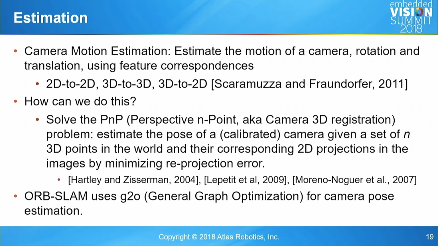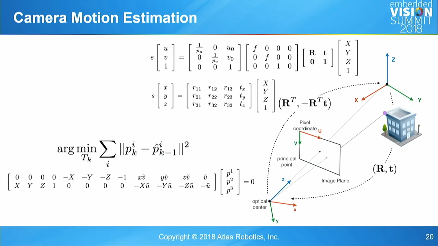The camera motion estimation, or pose estimation, is solved with that correspondence to solve for the 6 degrees of freedom parameters of the pose. This equation is not meant to go into detail, but I'm just giving you a good reference. This is the typical way we project a point in 3D to the 2D image plane.